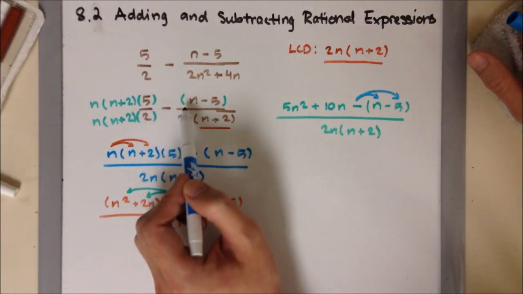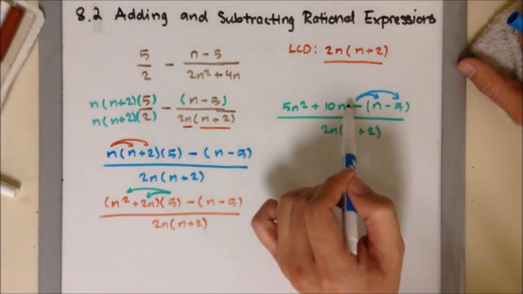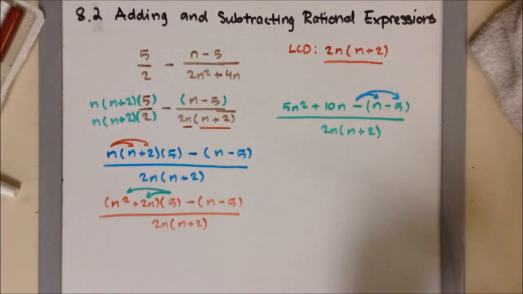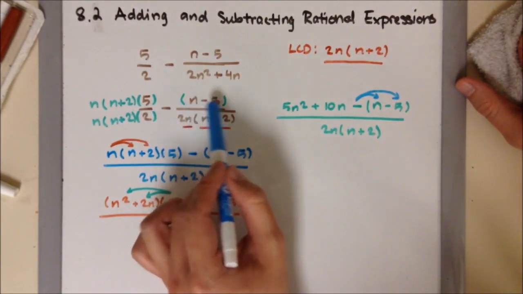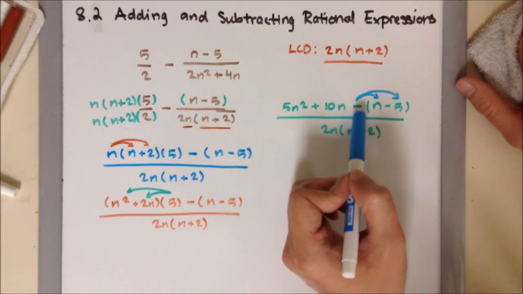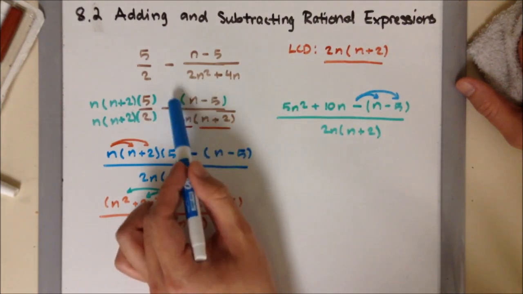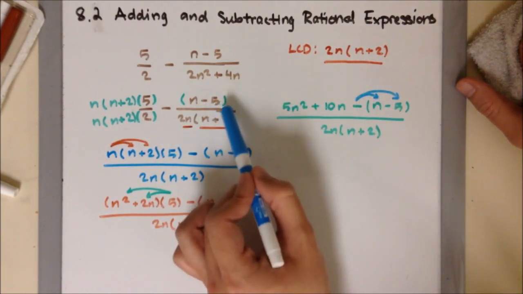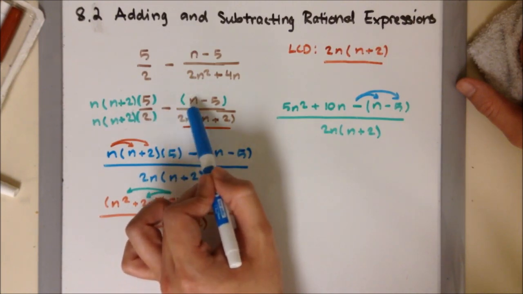I put parentheses so you can visually see, and it's a reminder. In the past, I have had students who forgot to distribute the minus to all the parts in the numerator of the second fraction, or they only distributed to the first part, but not to the other part inside the parentheses. So again, I include parentheses as a reminder that I'm going to distribute my minus to the n and the minus 5.